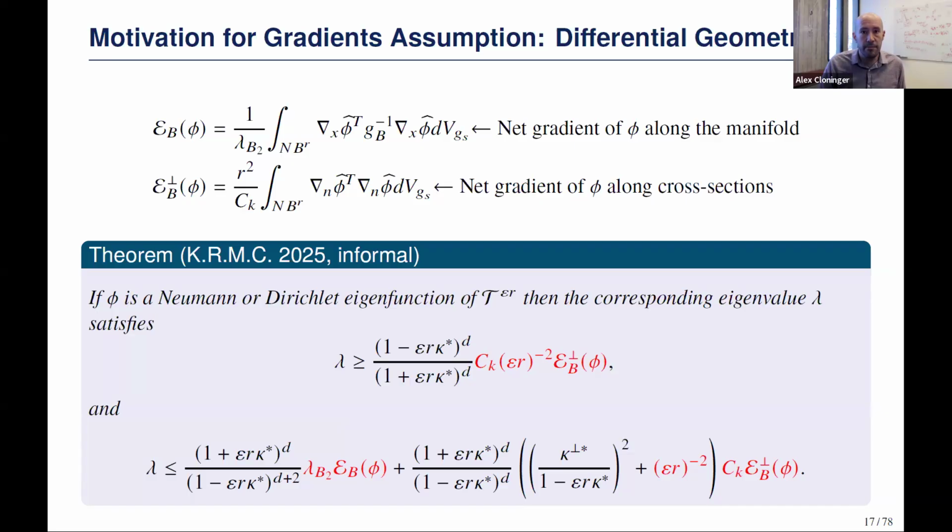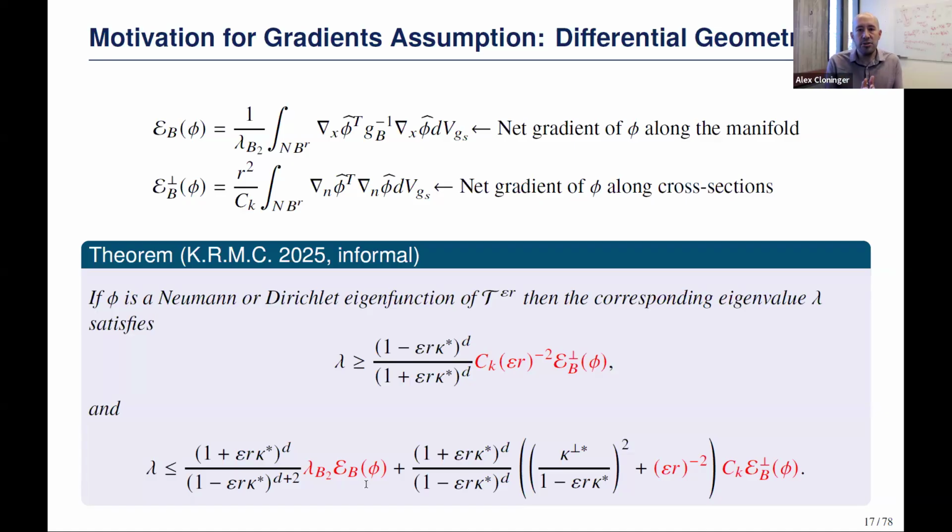So what does this say? This says if my eigenfunction mostly varies in the submanifold direction and doesn't vary in the tubular direction, in other words, this term is 0, then I have an upper bound. And I want to note that these two bounds look similar, except for the fact that the lower bound has an epsilon to the -2, and the upper bound doesn't have it.